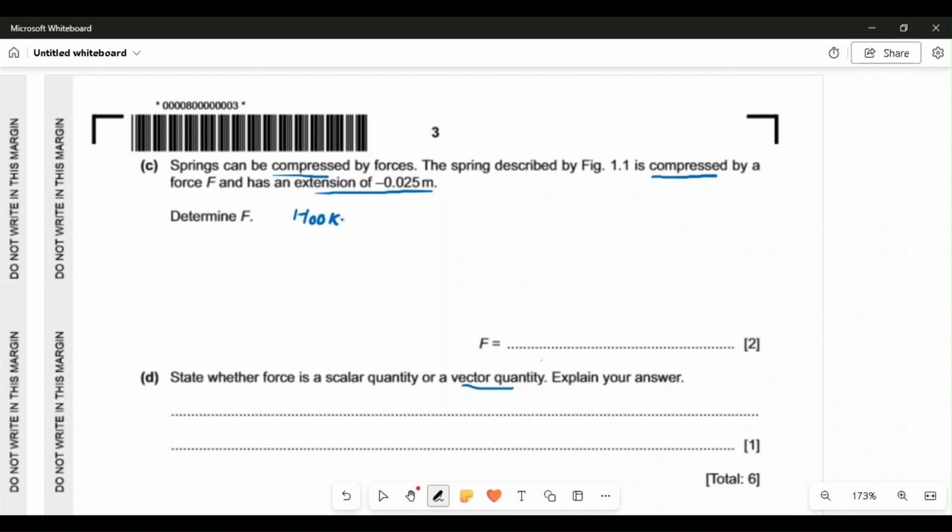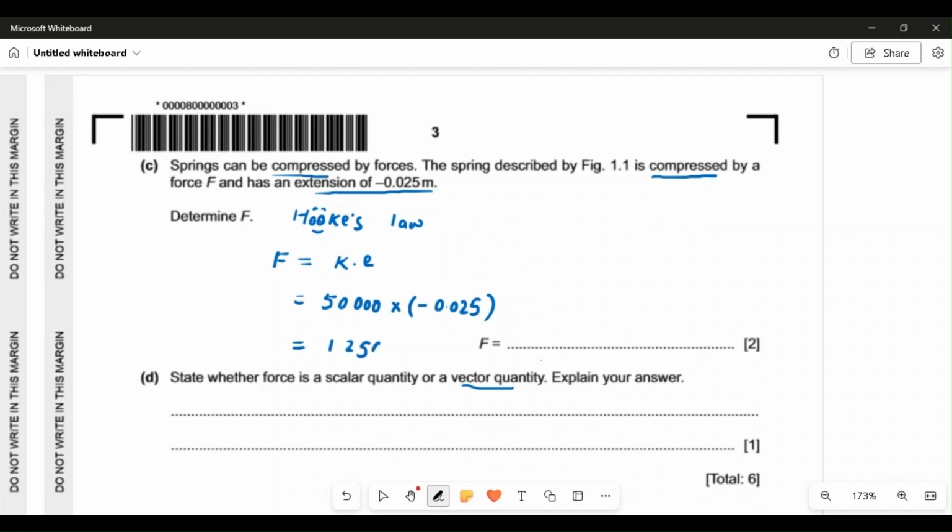There is a rule, as I mentioned earlier, Hooke's law, that says the relationship between force and extension or compression is F equals K times e. We just mentioned in the previous part that K is 50,000 Newton per meter, times extension e, negative 0.025.